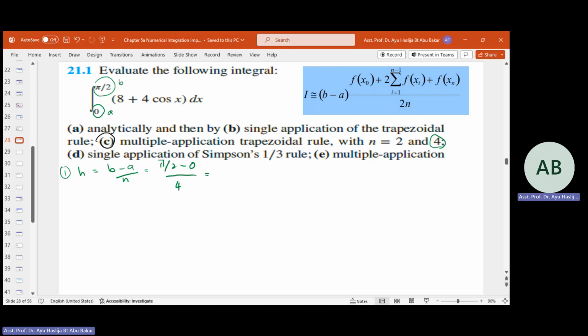What do you get for your h? Correct, 0.3927.